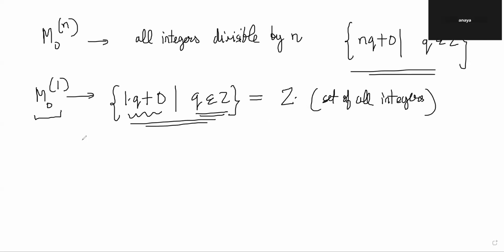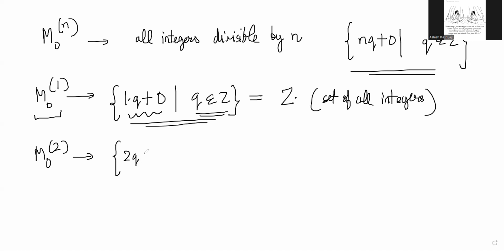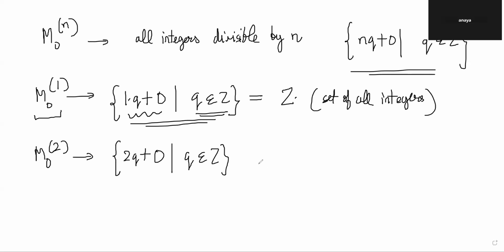And if I do M_0^(2), for example, when you divide by 2, you get 2q plus 0, where q belongs to Z. So basically, it is the set of all numbers of the form 2q. These are all even numbers.